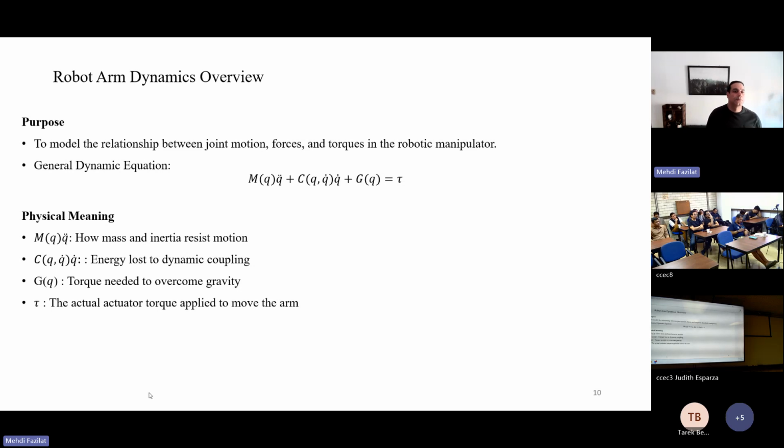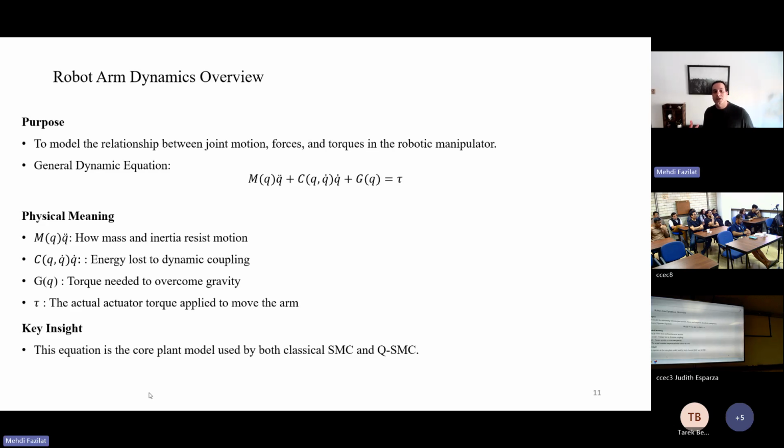The second represents the energy loss and the dynamic coupling, and the third is the torque needed to act against the gravity forces, and finally we can calculate the torque the actuator needs for any motion.